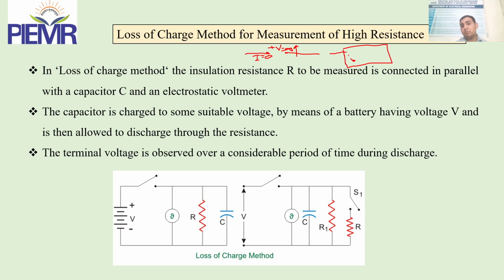So for shock proofing, we have to analyze that there is no connectivity between an electrical part, say the stator winding or rotor winding, and the upper surface. How do we know that? Using the loss of charge method, or the Megger method.